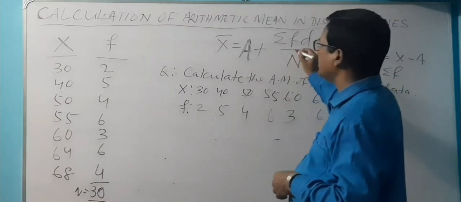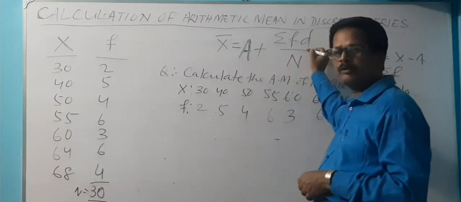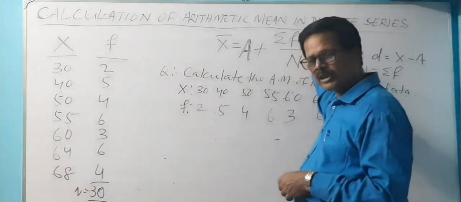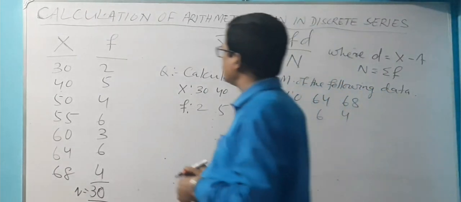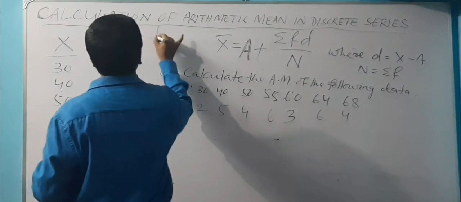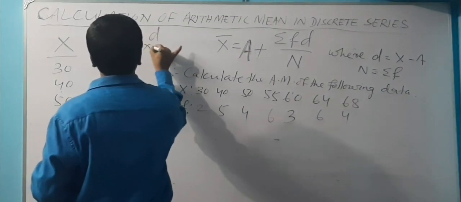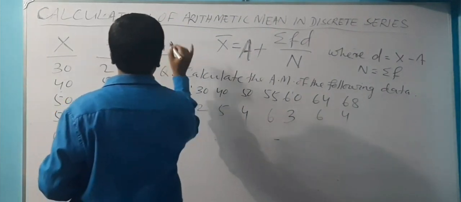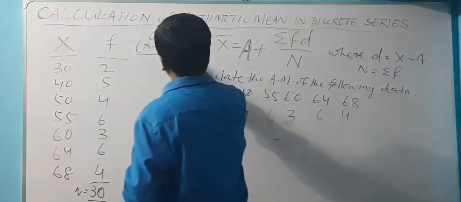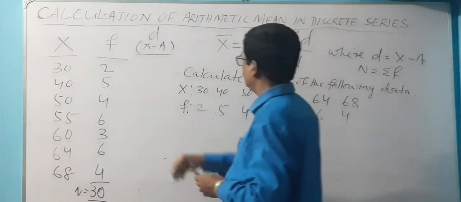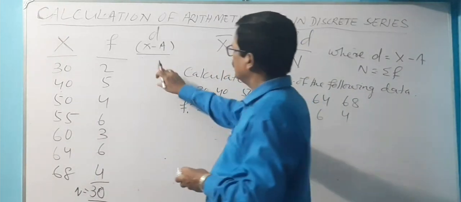We have to calculate d. We need another column, column D. And what is D? D is equal to x minus a.